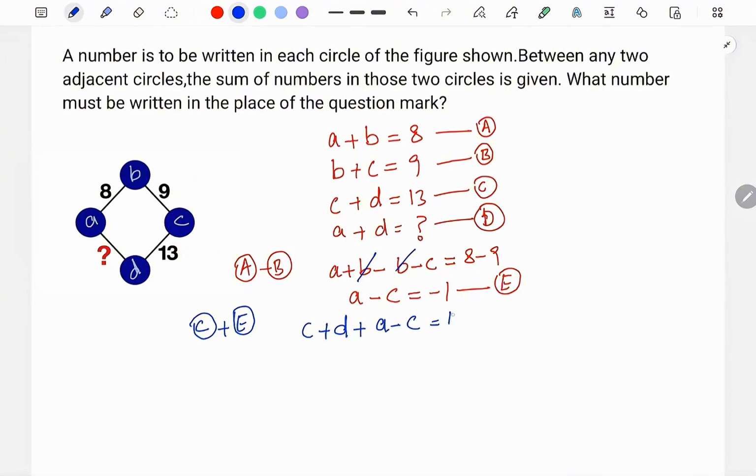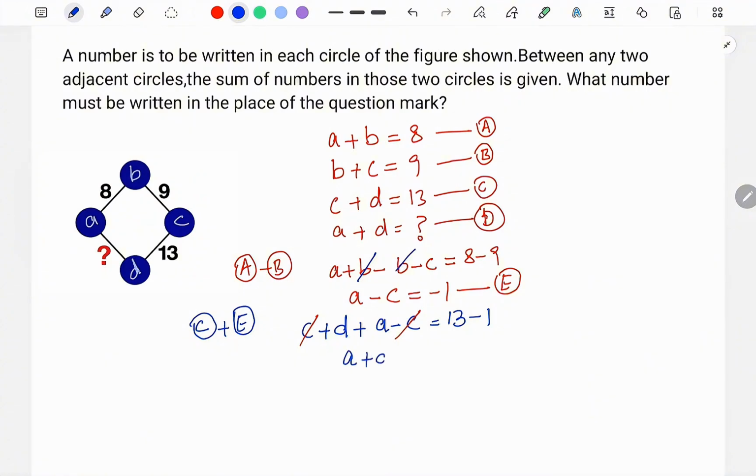So I will write here 13 minus 1. Now you can see that both c's have opposite signs, so these both will give us 0, or we can say they are cancelled out. Now we are left with d plus a is equal to 13 minus 1. Now we can simplify these both.